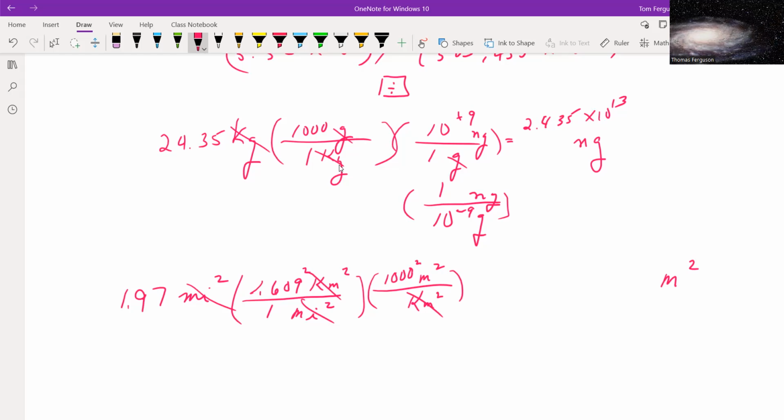Now, one error that a lot of you made, if you missed this problem, I gave you partial credit. The way you worked it, some of you went 1.97 times 1.609 EE2. It's not the same thing as 1.609 squared.